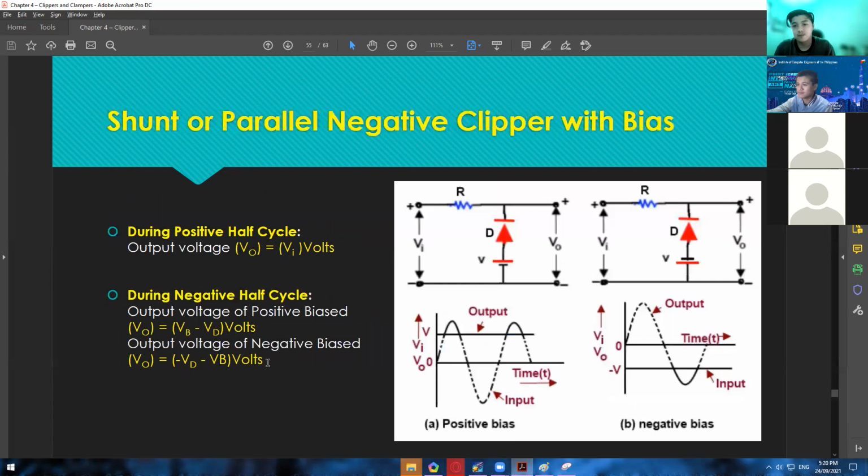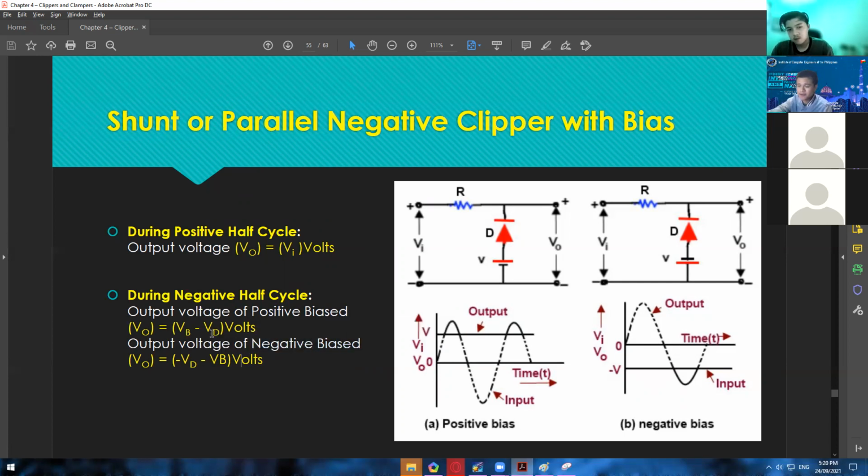Okay. All right. So here are the formulas that you can use, during the positive half cycle and then during the negative half cycle. Like I said earlier, it is the same. Just reverse it. So VO is equal to VI during the positive half cycle. And then during the negative, VO is equal to VB minus VB if it's a positive bias, and then negative VB minus VB if it's a negative bias.